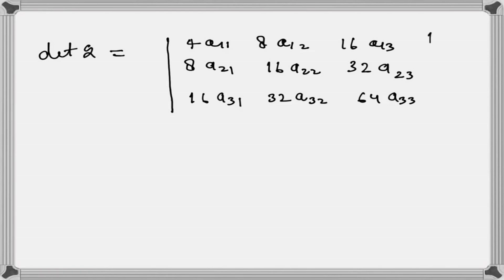Okay, now take the 4 common from the first row, 8 from the second, and 16 from the third row. 4 into 8 into 16.